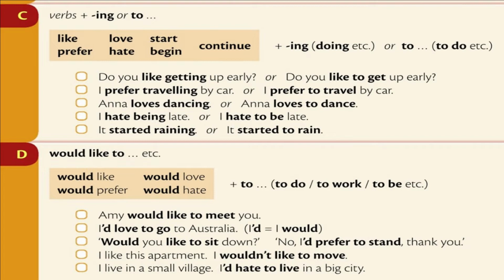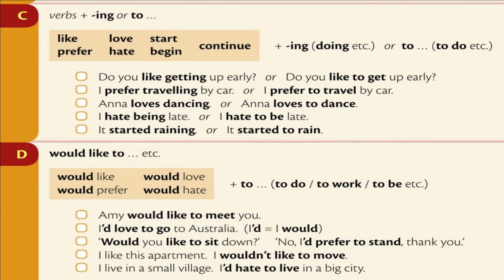Or do you like to get up early? I prefer traveling by car. Or I prefer to travel by car. Anna loves dancing. Or Anna loves to dance. I hate being late. Or I hate to be late. It started raining. Or it started to rain.